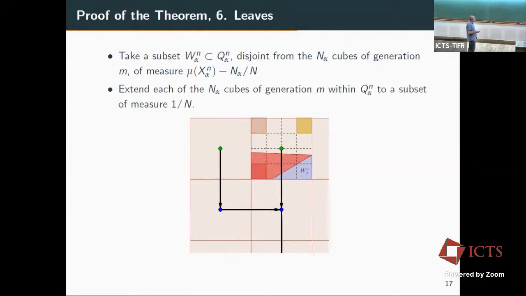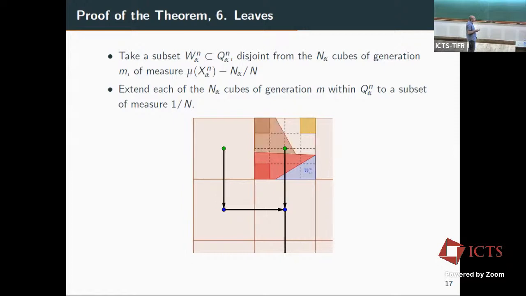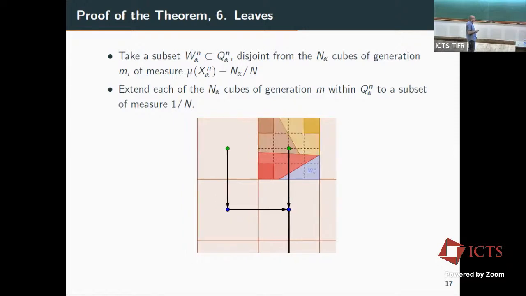Now what you do is you extend each cube in such a way that the region that you obtain has measure exactly 1 over n, and you can repeat it for every region, and eventually your algebra works. So you have 3 n alpha regions of measure exactly 1 over n inside your box. This means that the measurement is correct and the diameter cannot be bigger than what you're looking for.